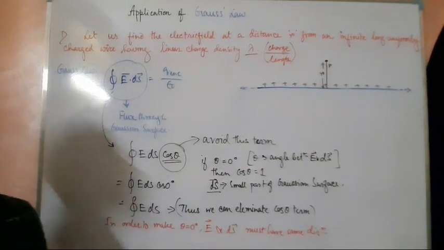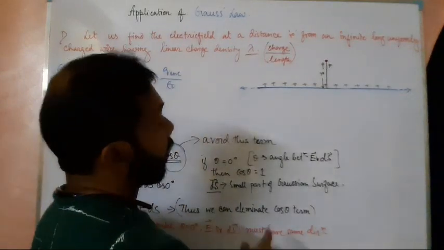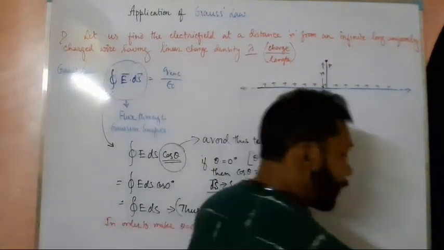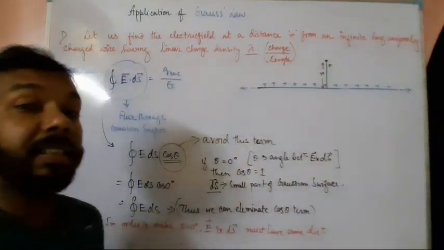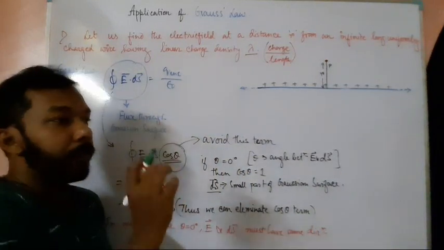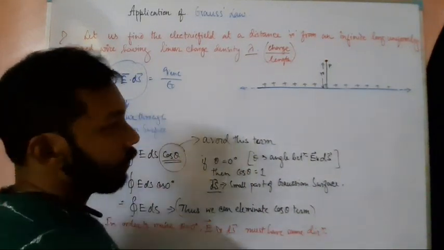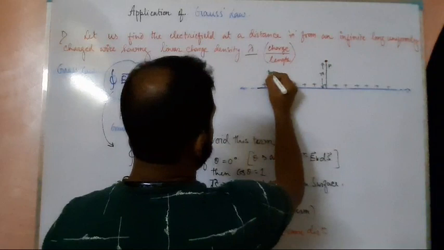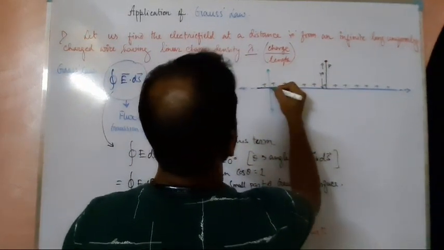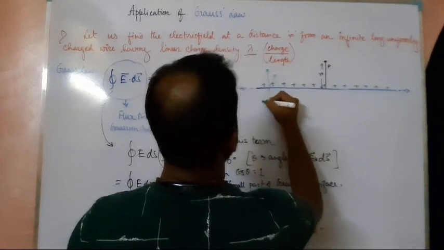And as we know, whenever there is a linear charge configuration, the electric field lines are always radially outward. So it's just like the spokes of a tire. It is radially outward in all directions.